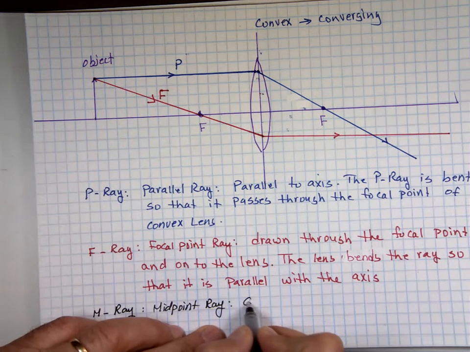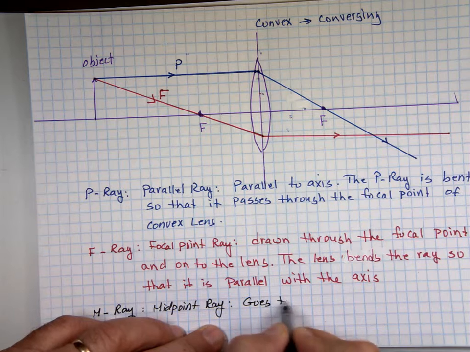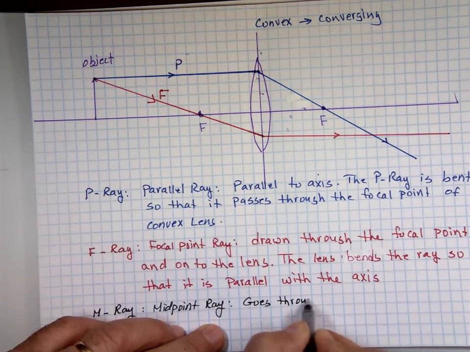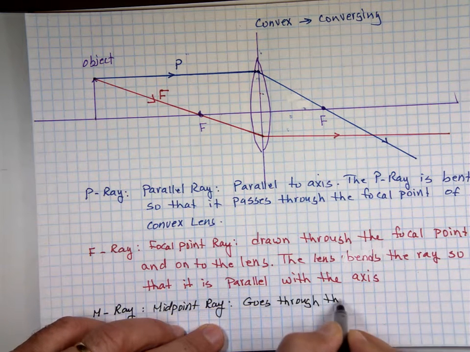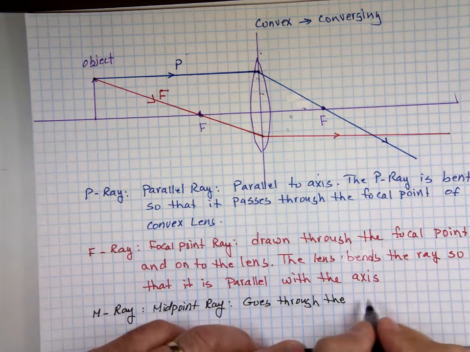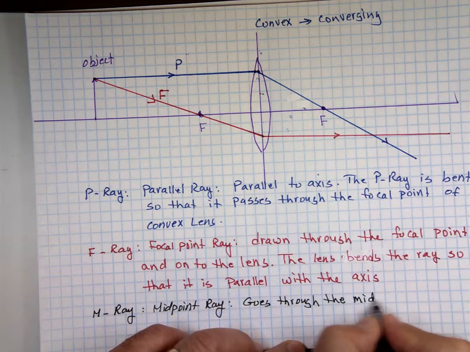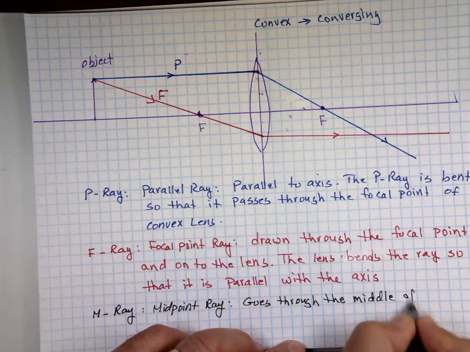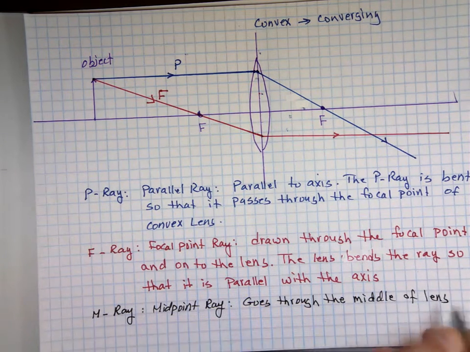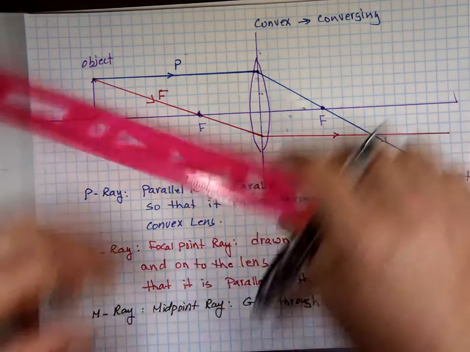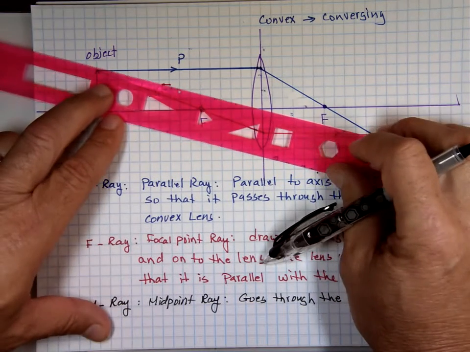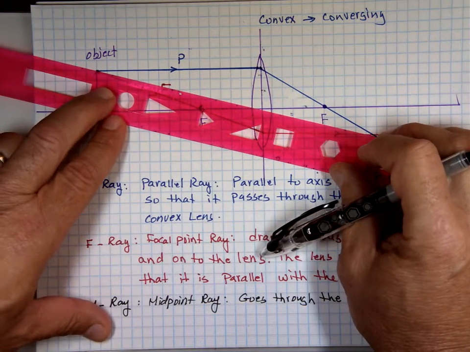It goes through the middle of the lens. So going through the middle of the lens, this is the middle of the lens right here. It's going to go through it.